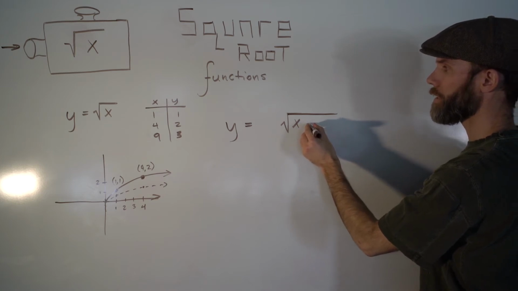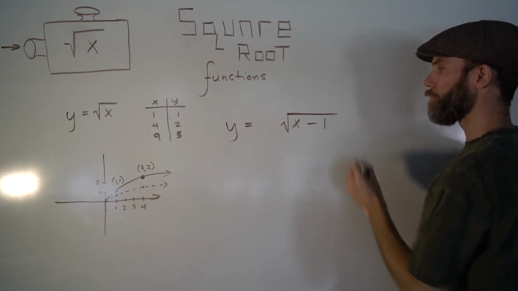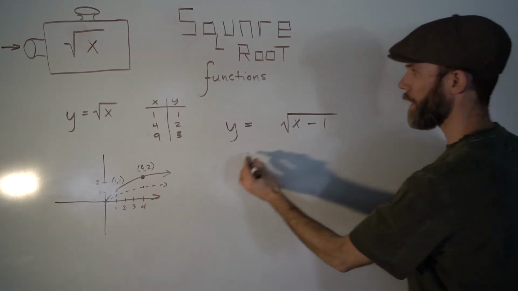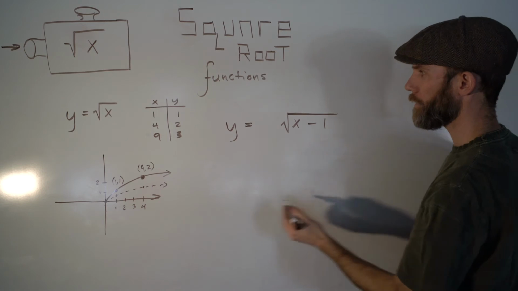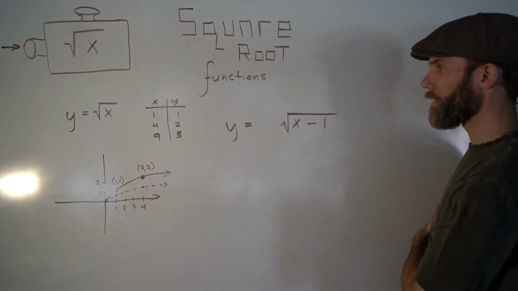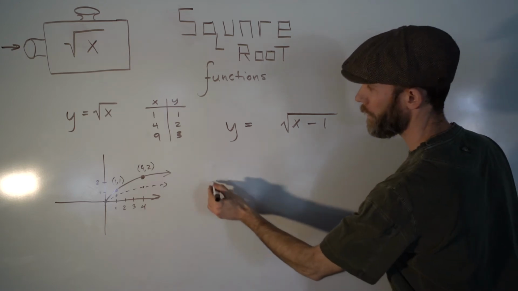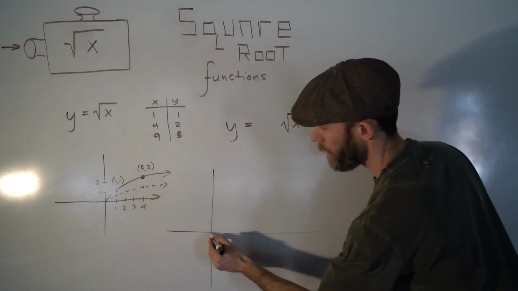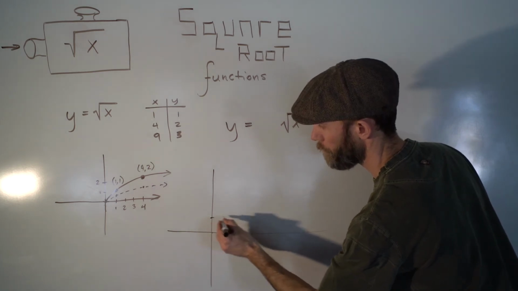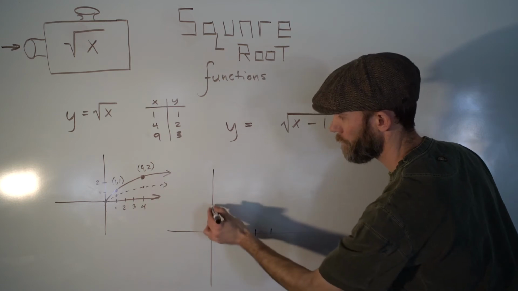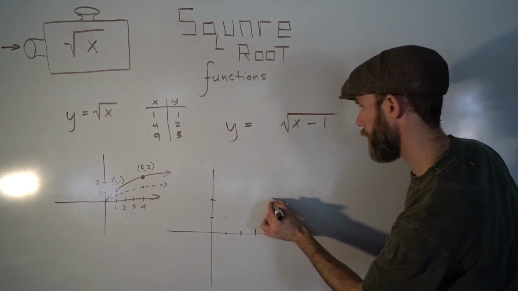So let's do x minus 1. Huh. Okay, so what does that look like? Well, again, you could use just a table of values to graph this. Let's think about our parent function. Parent function starts here and goes through 1, 1, like this, and then goes through 4, 2, about here.